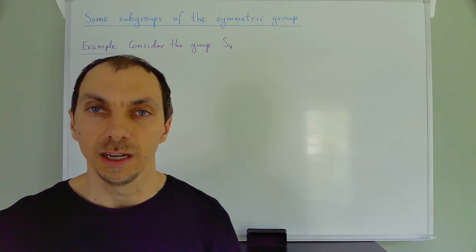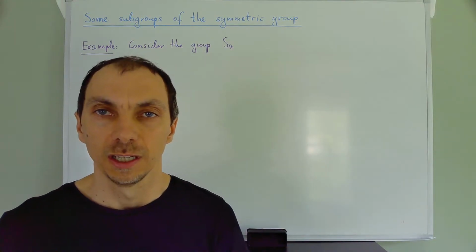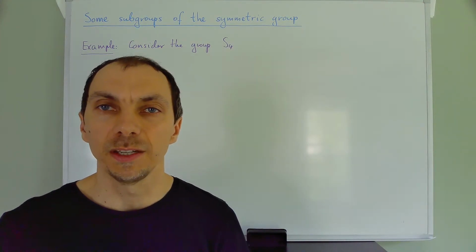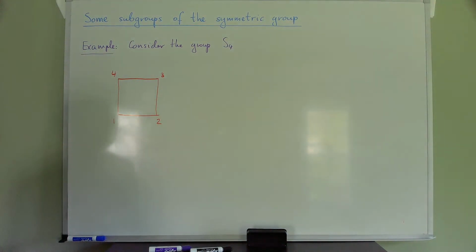It would mean bending the square, and I'm supposed to just lift it, move it in the air without bending, stretching, tearing, and then putting it back down. So that wouldn't be a symmetry of a square.